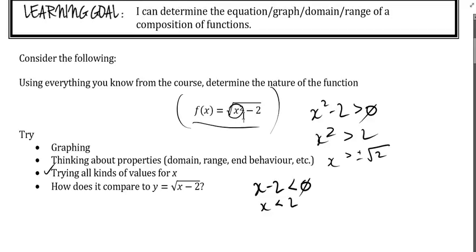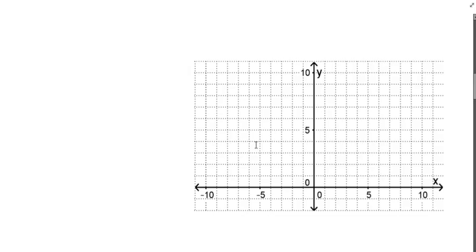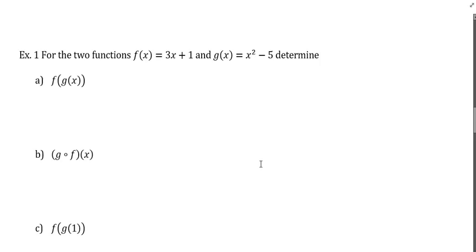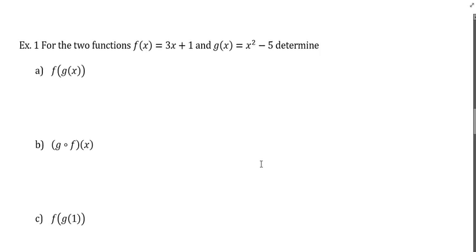The domain of the overall function, in this case f of x, has something to do with the output of x squared. We'll come back to that in a minute, and it'll make more sense a little bit later. We saw the graph of it here in GeoGebra, so I won't graph it now. Okay, good. So here we go. Let's talk about what a composition of functions actually is.